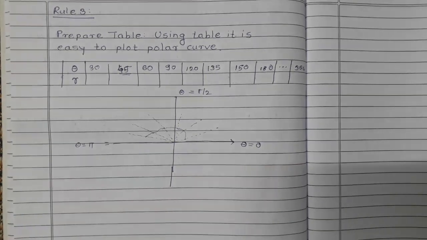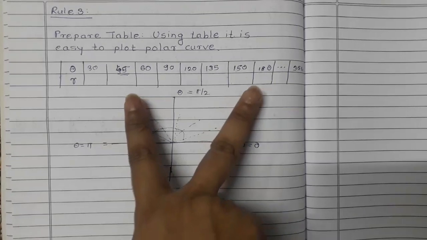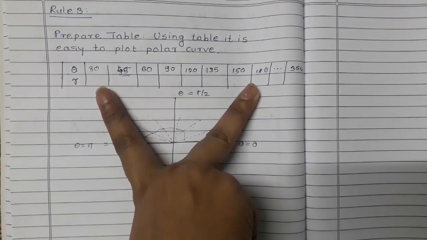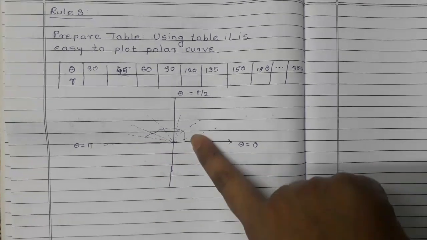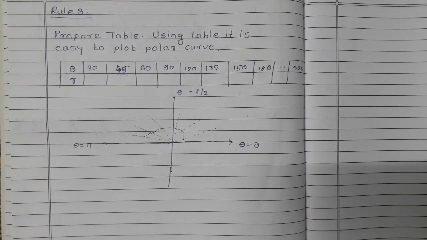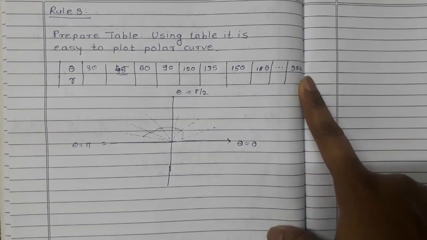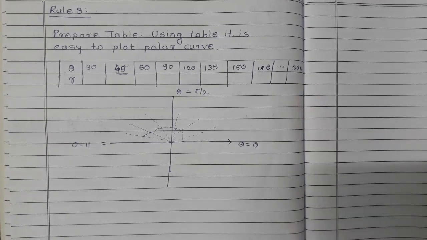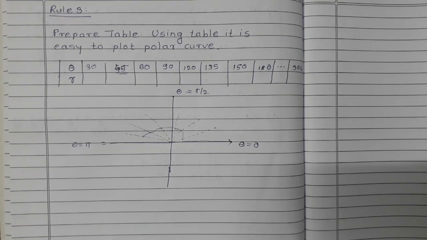So in case of symmetric about the initial line, the table you are going to figure out just up to 180 degree, and the same curve you are going to draw below. Otherwise, when it is not symmetric about this line, proceed up to 360 degree. Okay, this is the next rule. There are 3 more rules based on this. We are going to continue with these 3 more rules in the next video.